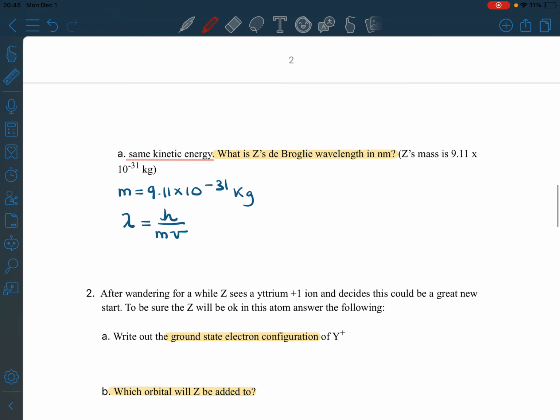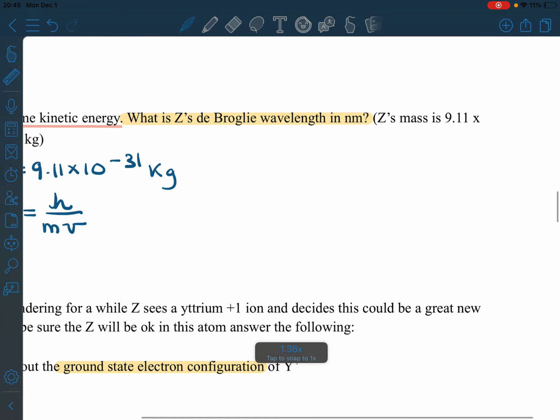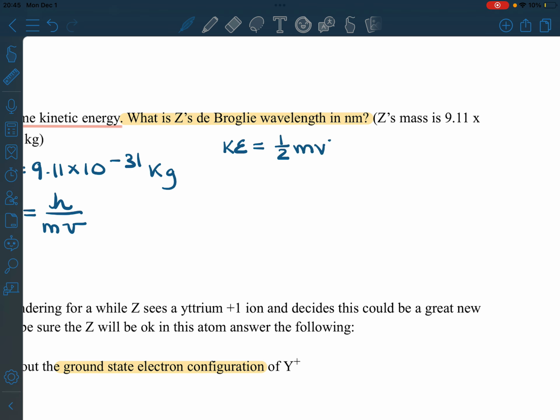And luckily, we have a formula that involves kinetic energy and velocity. If I go to my equation sheet, kinetic energy equals 1/2 mv squared. Okay, yeah, it's listed here on the equation sheet as kinetic energy, 1/2 mv squared.